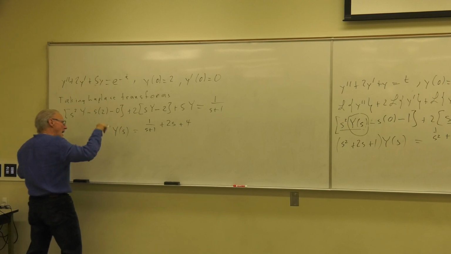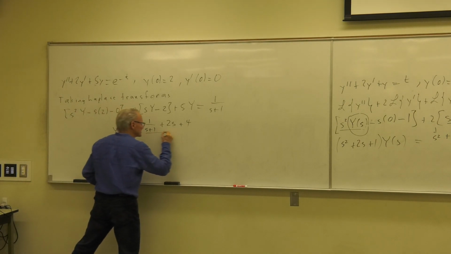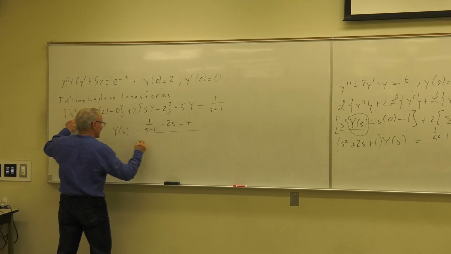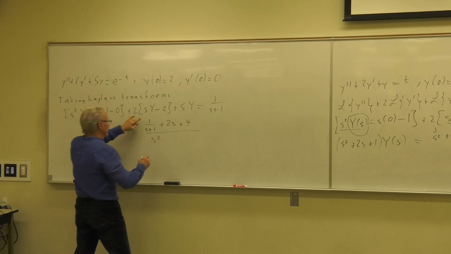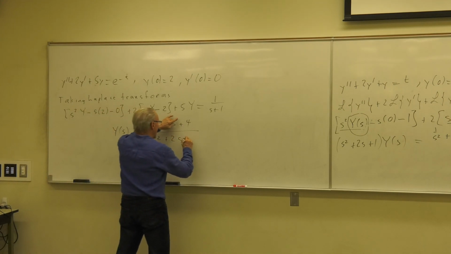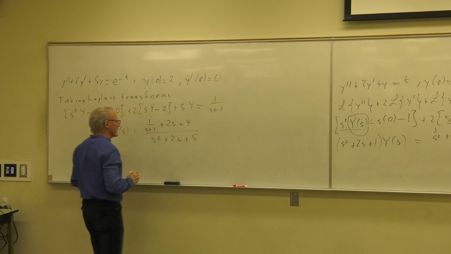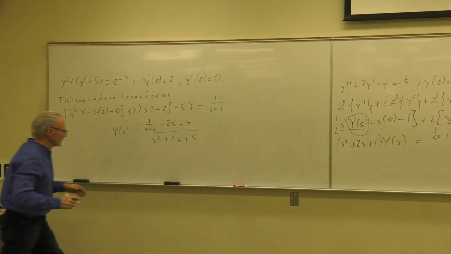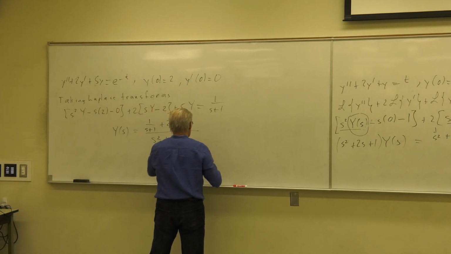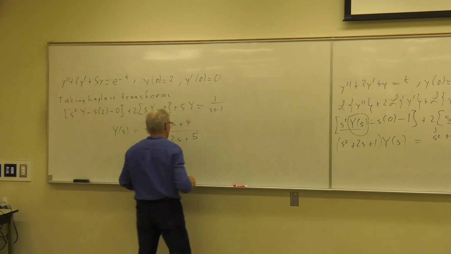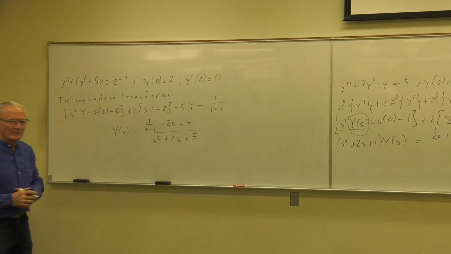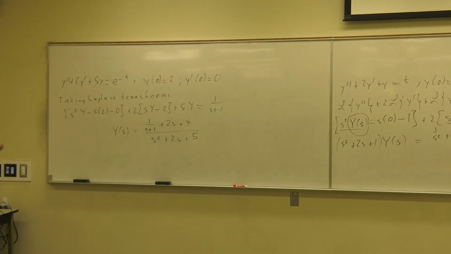I got an s squared, I got a 2s, I got a 5. Now, unfortunately, I shouldn't use 5s. Let me make sure that my 5s are distinctly different than my s's. There. So right there's my transform. All I now have to do is invert it.